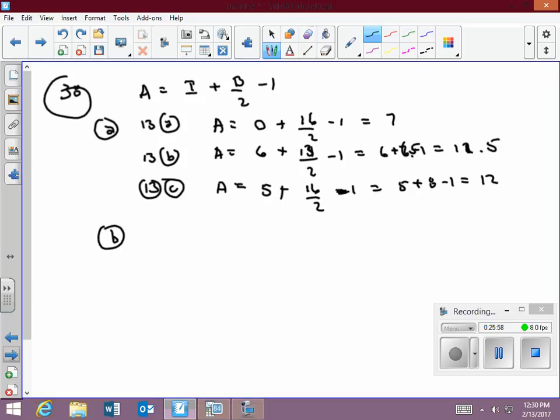Then the B part there. So the area there, the interior, how many? 45, correct?